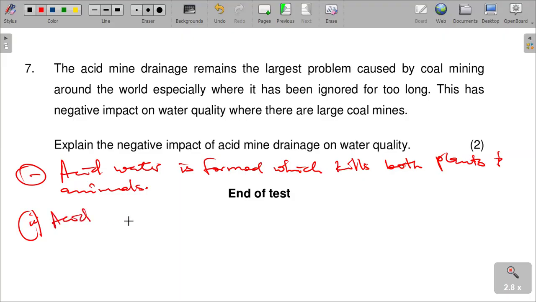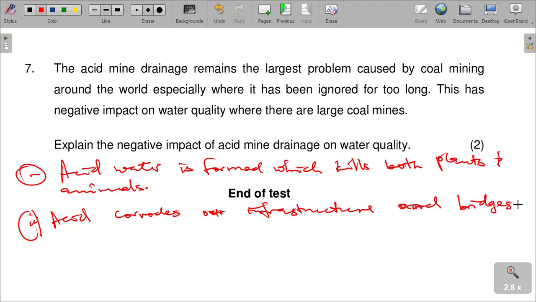Acid also corrodes our infrastructure, such as bridges.